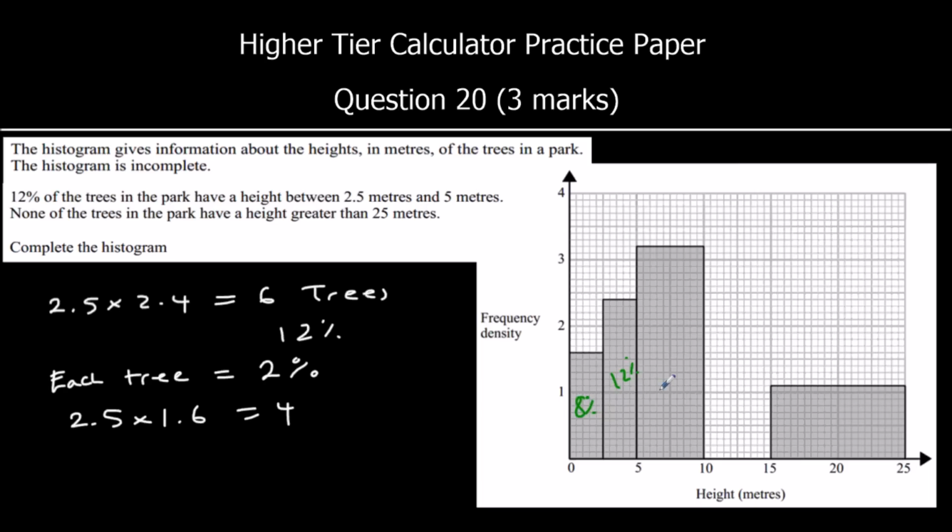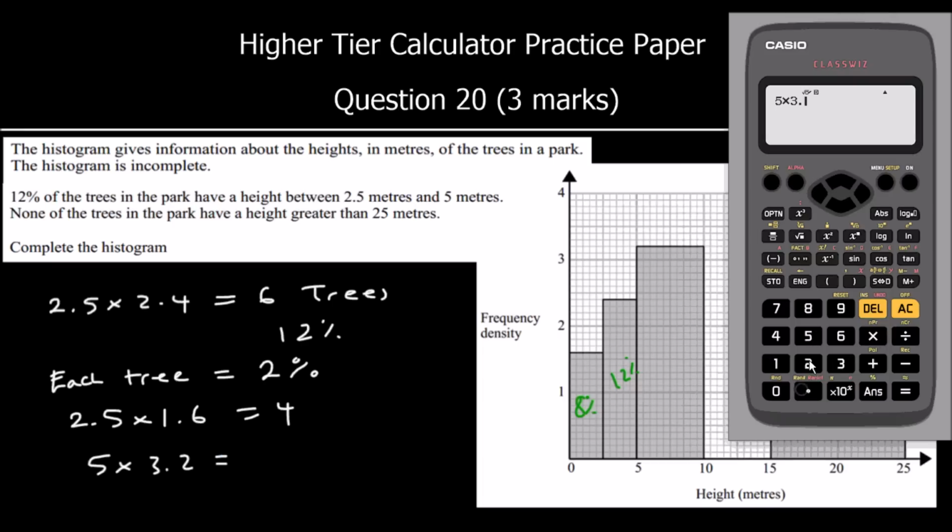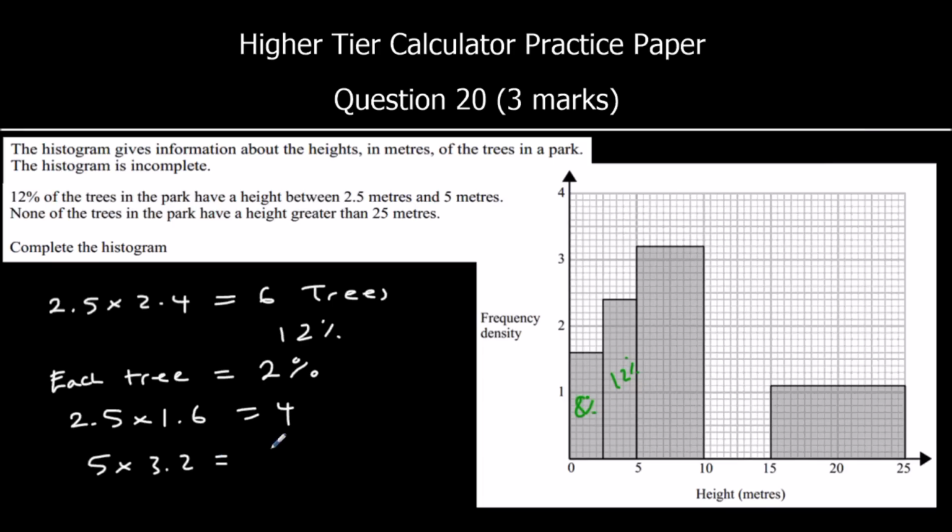So double it. 5 times 3.2, so 16 trees, double it, 32%. And the last box, 10 times 1.1, that's 11. So 11 trees, 22%.